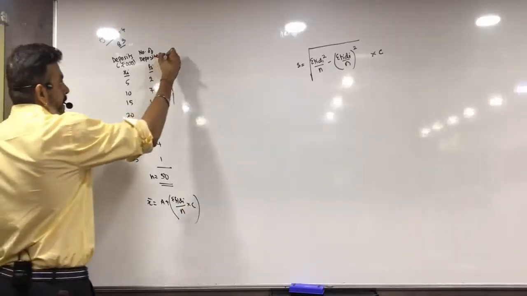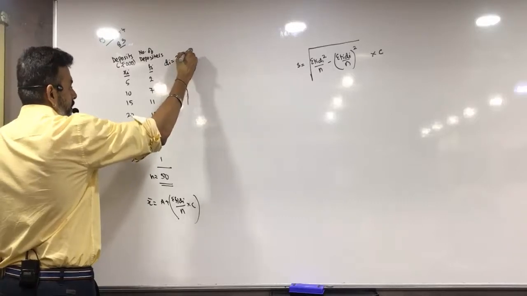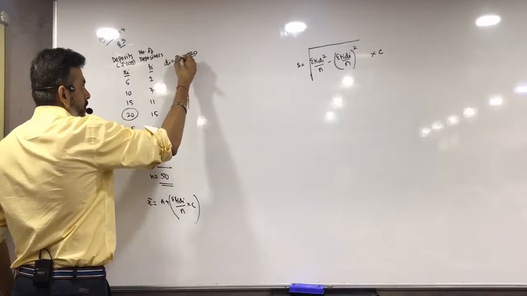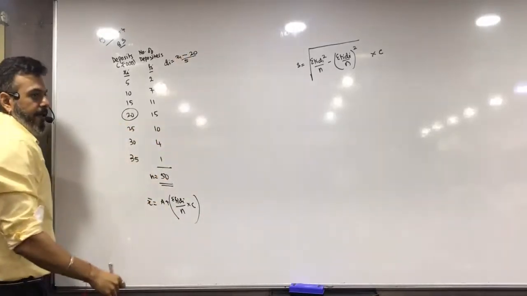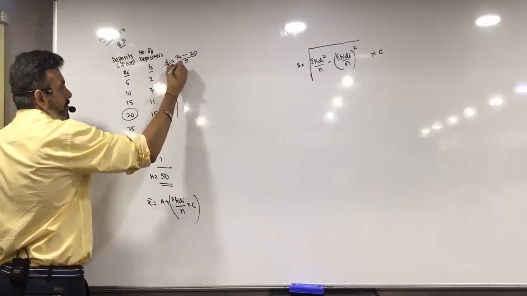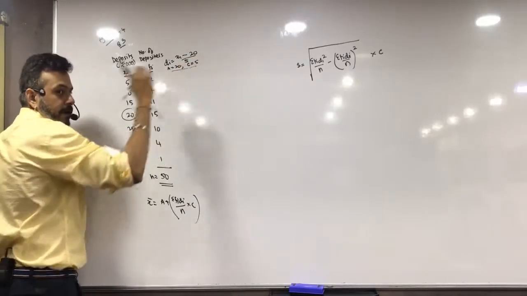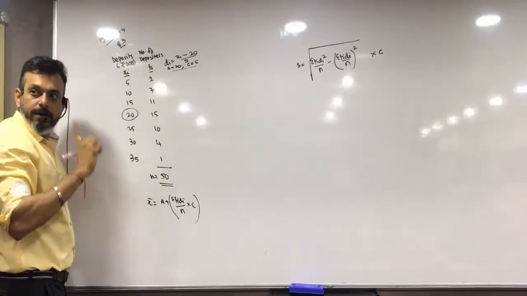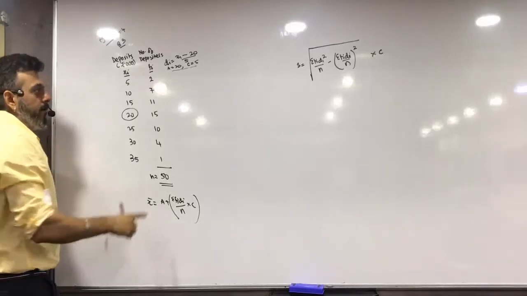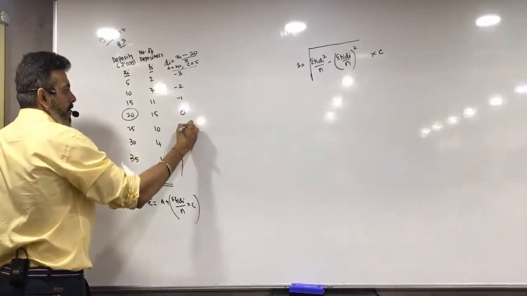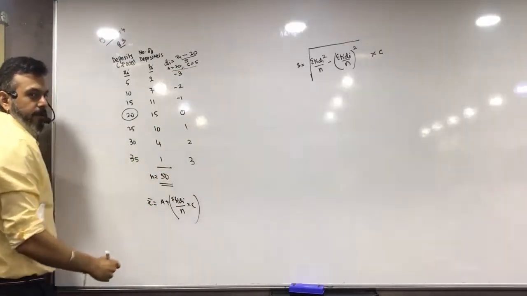Now di is equal to xi minus a, let's assume a is 20, and the common difference is 5. So I write a is equal to 20, c is equal to 5. C is not the class length, C is the common difference. Understood? So di will be minus 3, minus 2, minus 1, 0, 1, 2 and 3.